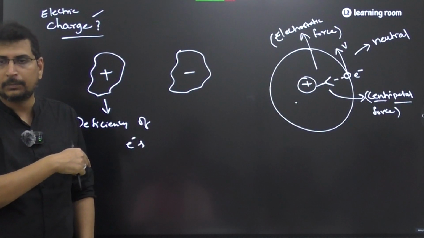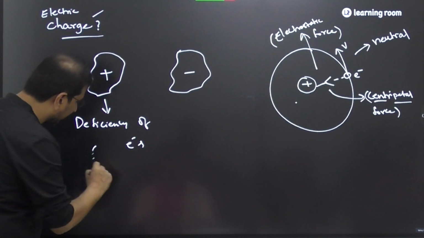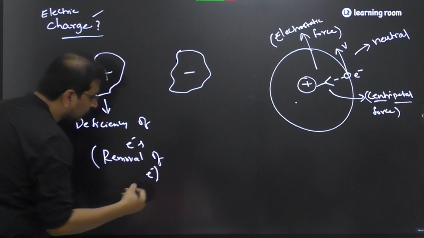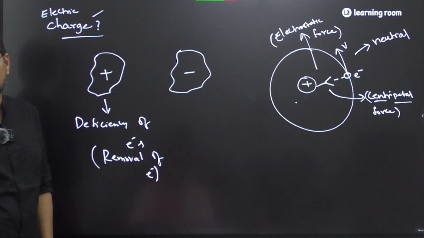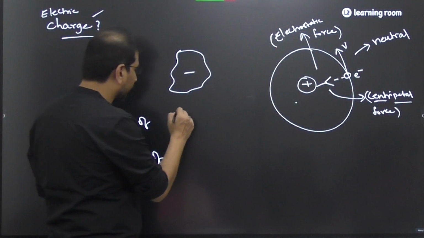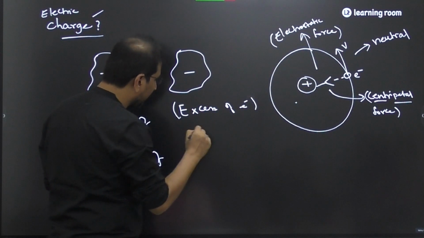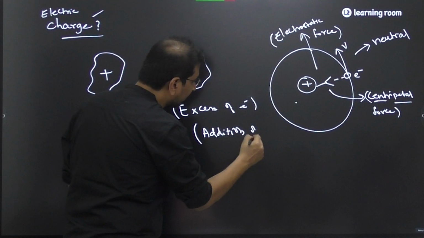But here, what do I mean by deficiency of electrons? It means I am removing an electron. So to put it more simply, I will say removal of electron. This makes more sense. What about this? Addition of electrons. So you will have excess of electrons, which means addition of electrons has taken place.